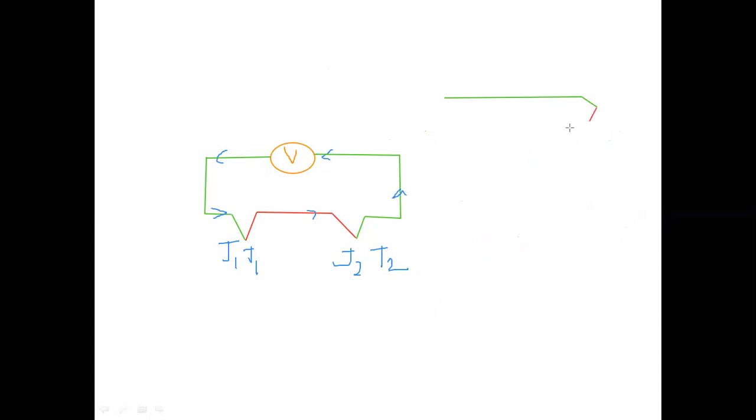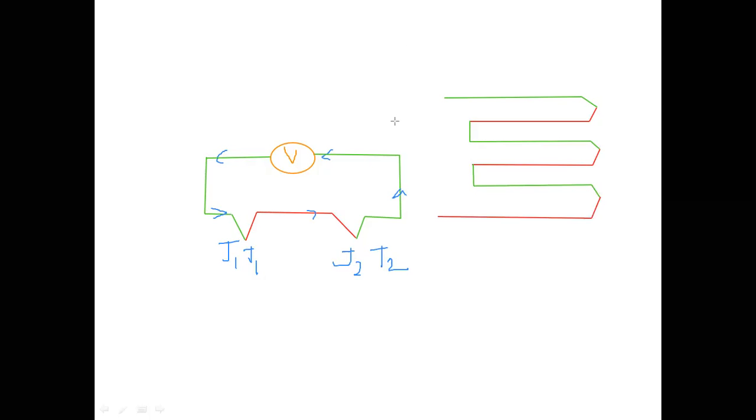This is metal B. Again to metal B, I connect metal A here, and again I connect metal B, and again metal A. So metal A is connected in series with metal B.